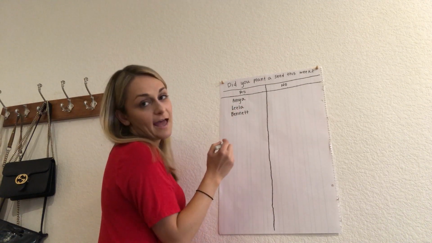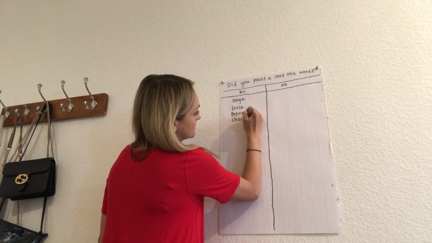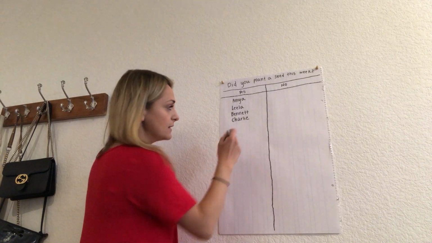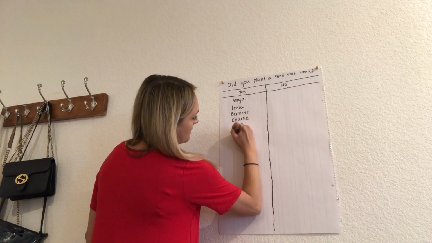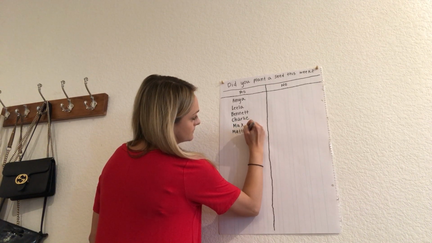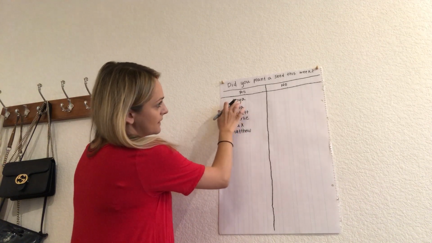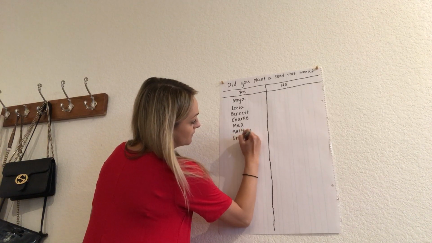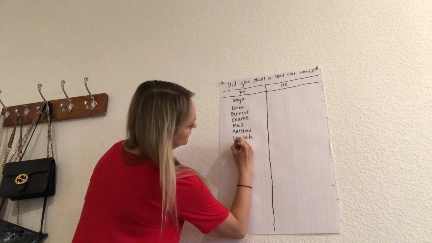Let's say that Charlie voted yes. Let's say that Max voted yes. Let's say that Matthew voted yes. And let's say that Onada voted yes. And then let's say that Campbell voted yes.